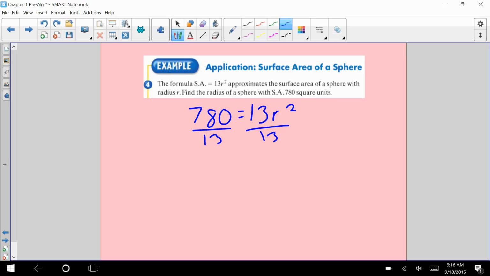When we divide 780 divided by 13, we are going to get 60. To undo a square, I square root. And now we'll have to use a calculator. In our calculator, the square root of 60 is about 7.7 units.